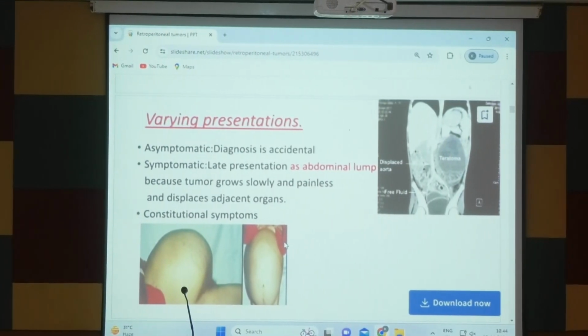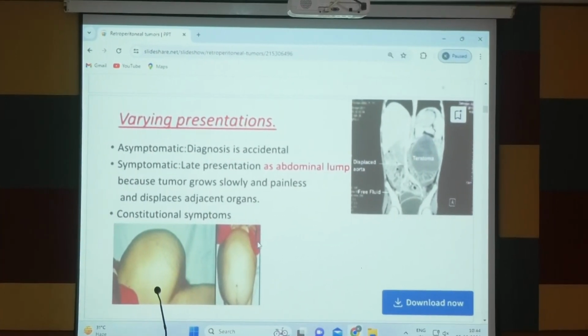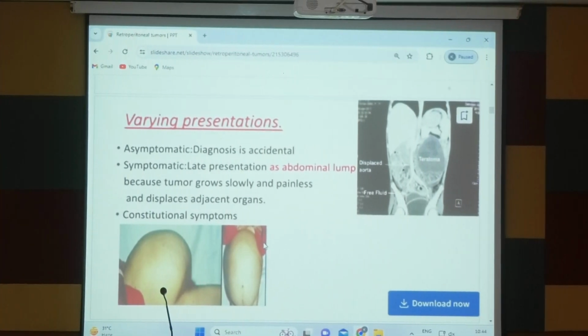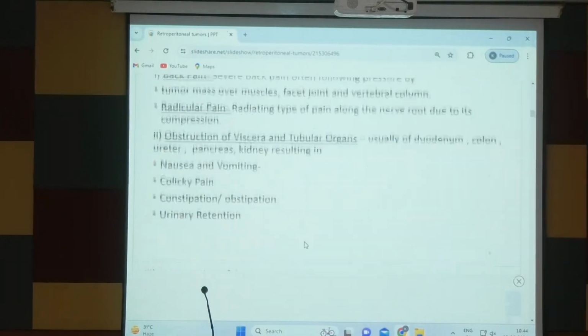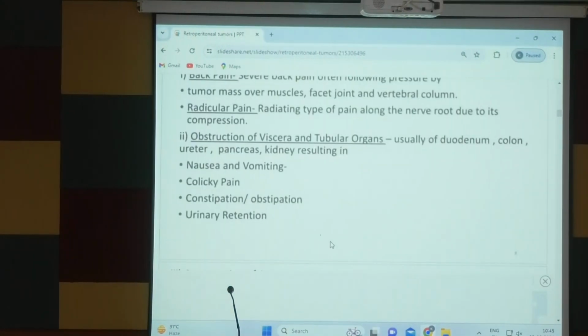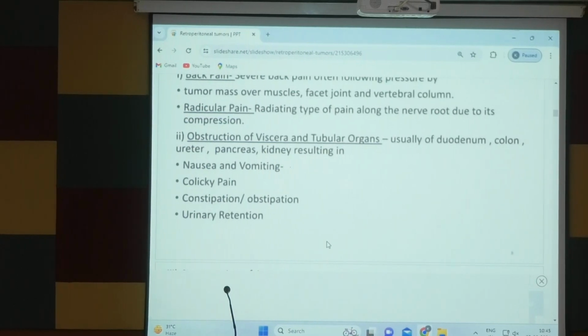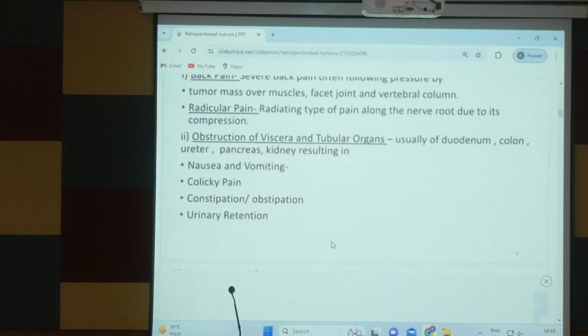When the size increases and compromises the function of the surrounding organs, there might be problems due to compression of the surrounding structures. Back pain will be there. Radicular pain: if they are at the back, putting pressure on the nerves in the back, there will be radicular pain.